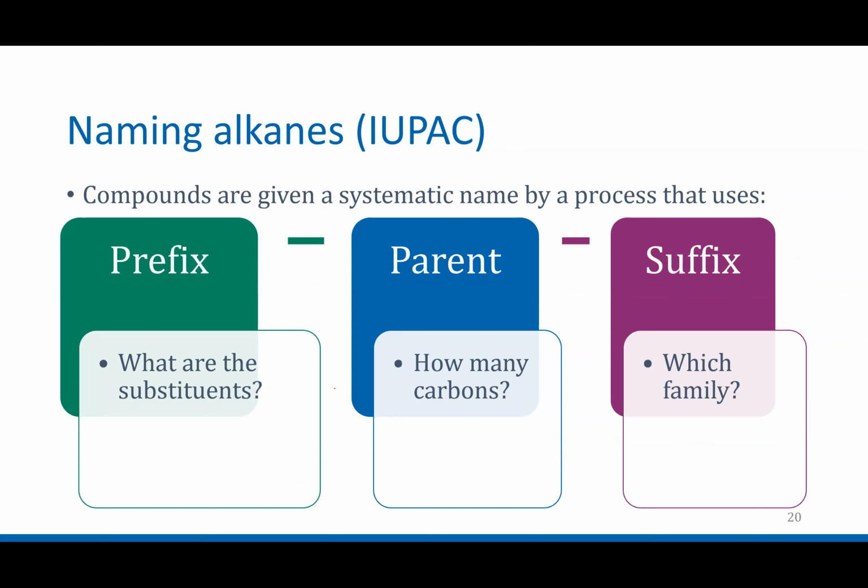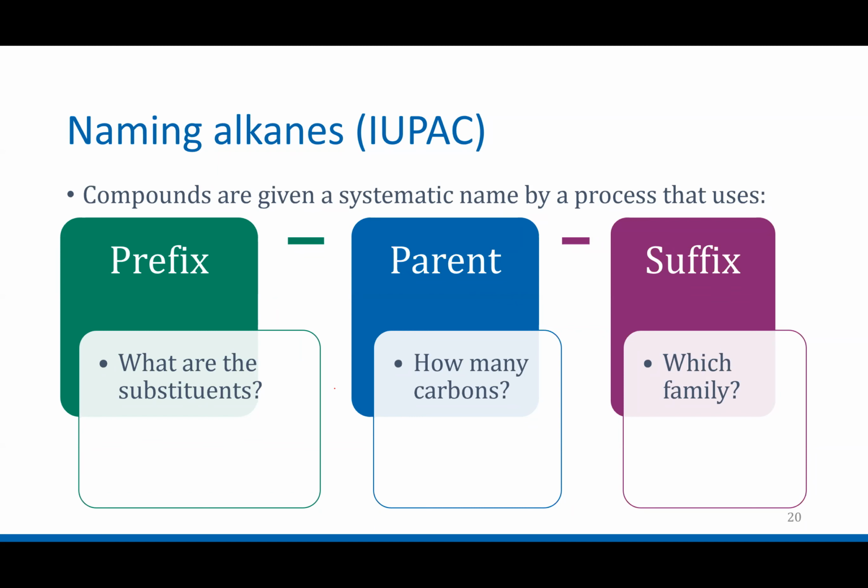So for naming alkanes, we are going to follow what's called the IUPAC systematic naming system. Systematic is how we will name these molecules, how most people name them. We're not using old names, we're not using stock names.